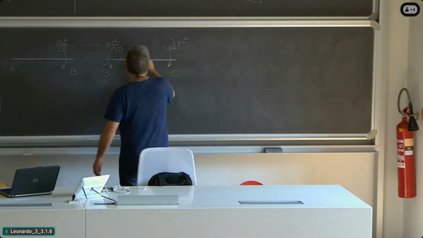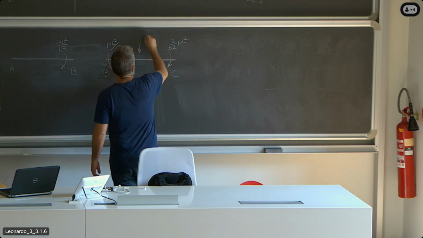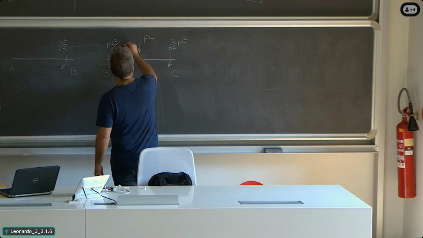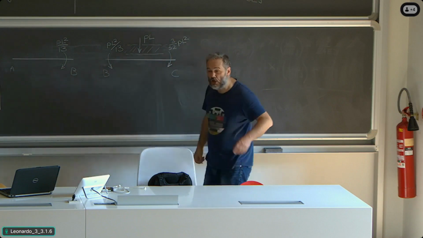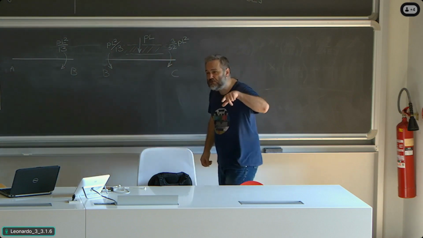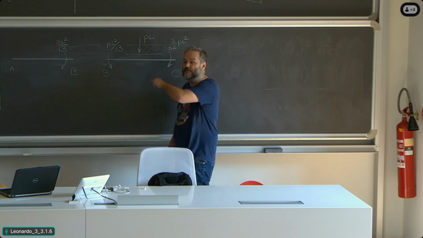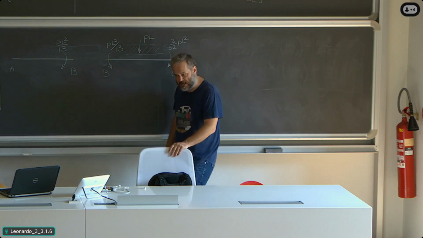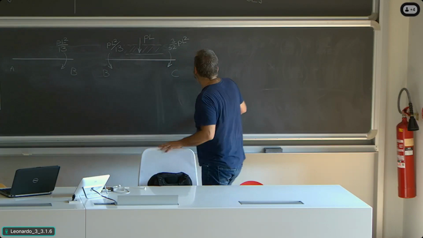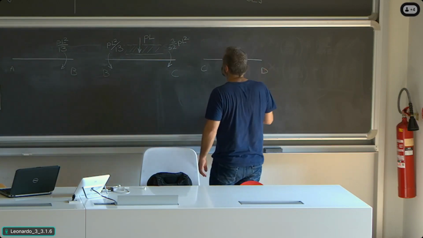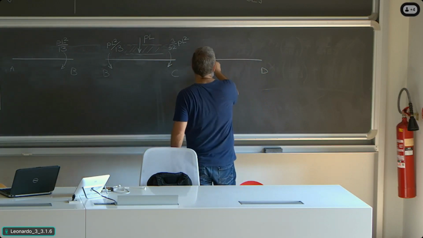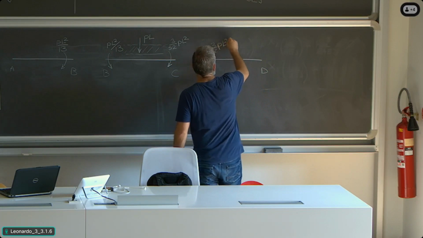Then, of course, we have the distributed load, which I'm going to represent by its resultant force. I will simply lightly dash the distributed load to remember that this is not a concentrated load, this is the resultant force which comes from a distributed load. And then the third span, C and D, simply has moment at the first end 3/52 PL squared.